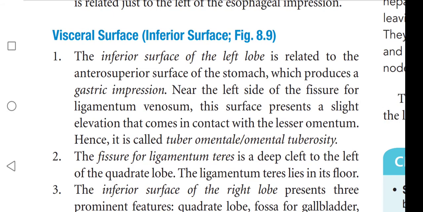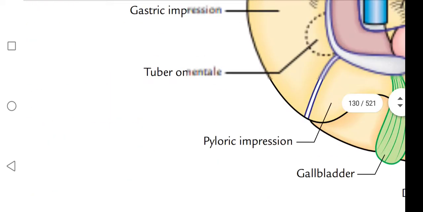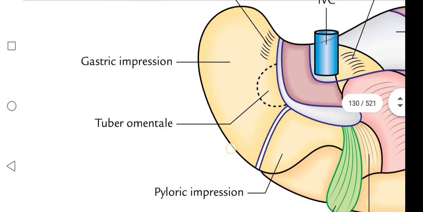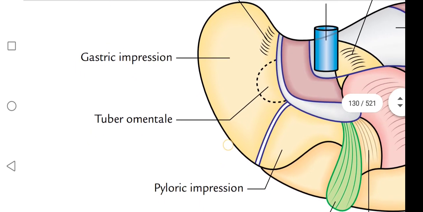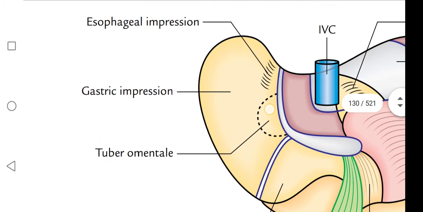Near the left side of the fissure for ligamentum venosum, this surface presents a slight elevation that comes in contact with the lesser omentum. Hence it is called tuber omentale. This is the area of tuber omentale.